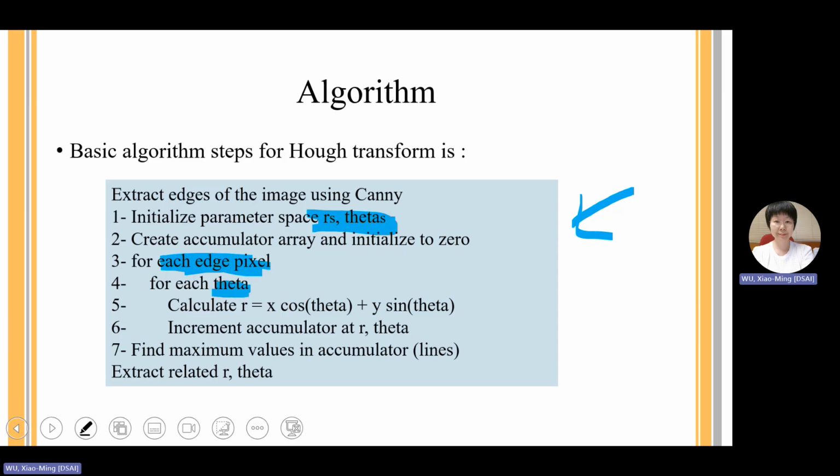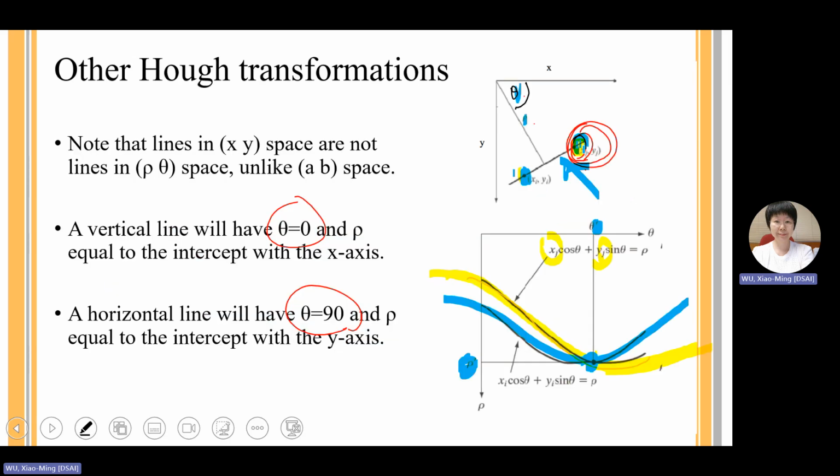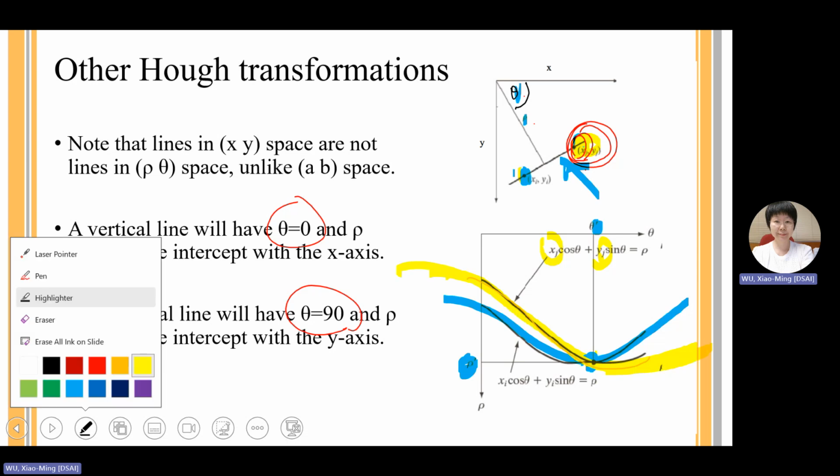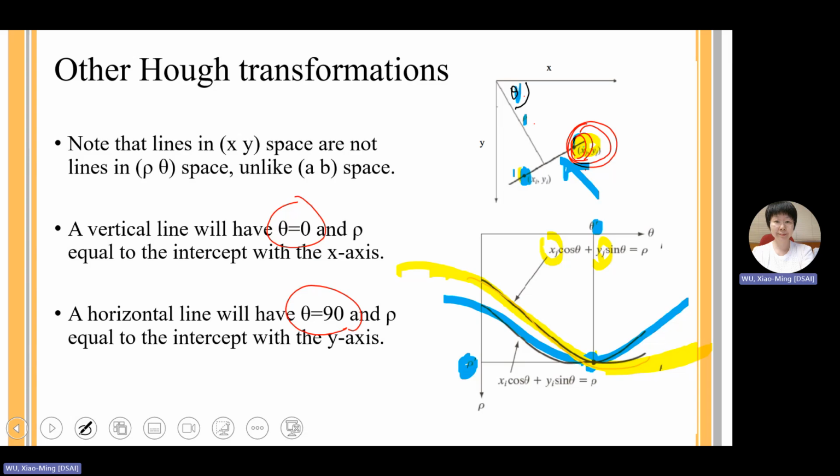Because each edge pixel gives a curve in the rho theta space, and we quantize the rho theta space, this yellow curve only intersects a few cells.